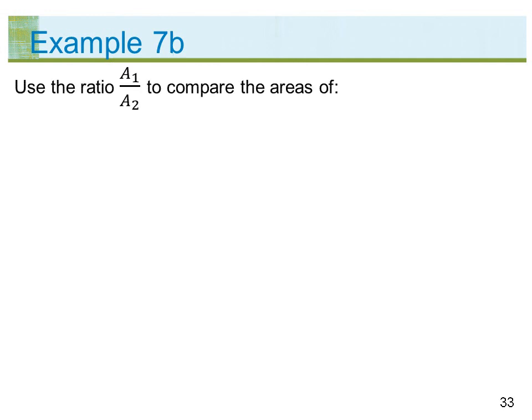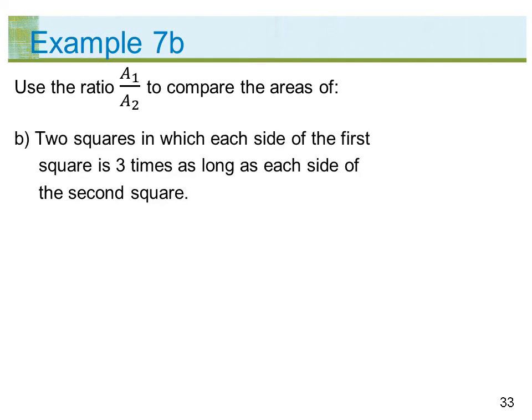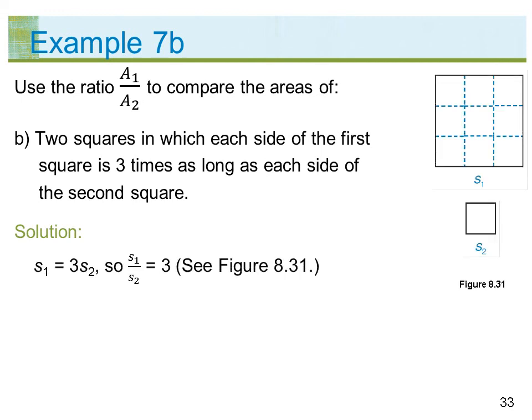Use the ratio a sub 1 divided by a sub 2 to compare the areas of b. Two squares in which each side of the first square is 3 times as long as each side of the second square. Solution. S sub 1 equals 3 S sub 2. So, S sub 1 divided by S sub 2 equals 3.